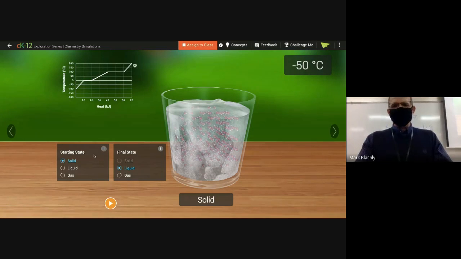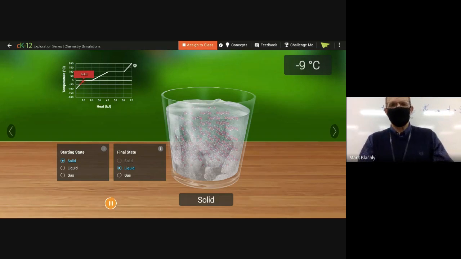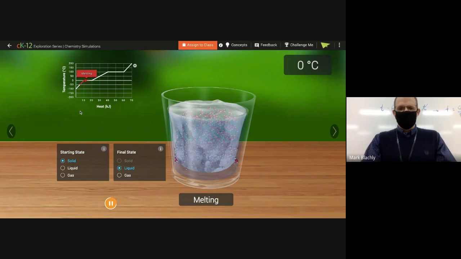All right, so here's what happens. This is a cup of water, and it is a solid. It's an ice chunk. And there's little tiny molecules that you might be able to see in there. And I'm going to show you what happens when it converts to a liquid. So right now we are adding energy to this. And it's getting warmer and warmer. And now, right now, it's melting.